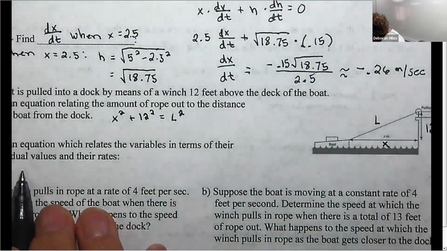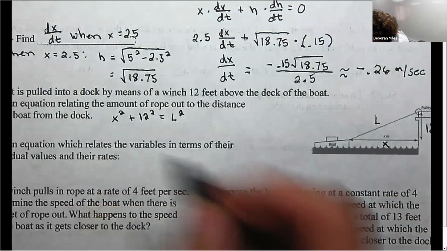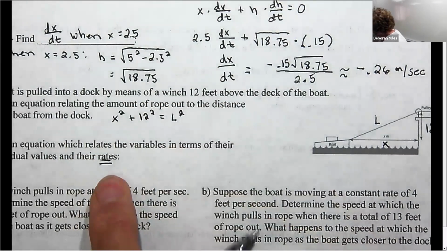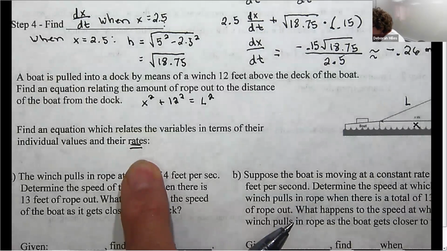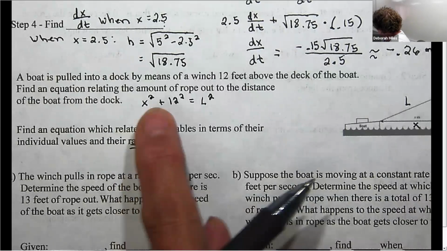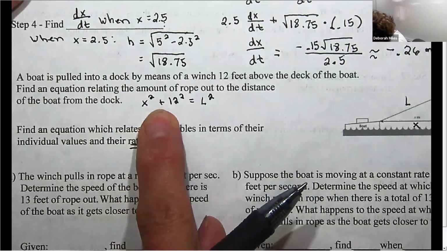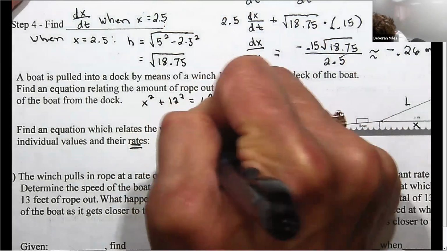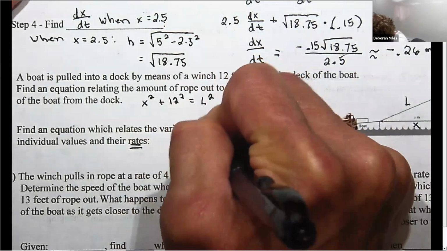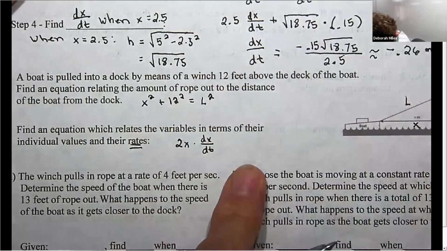Find an equation which relates the variables in terms of their individual values and their rates. If I want an equation with rates in it, how do I get that? Differentiate with respect to time. The derivative of the left-hand side with respect to time would be what? Well, 2x times dx over dt, derivative of 144 is 0.